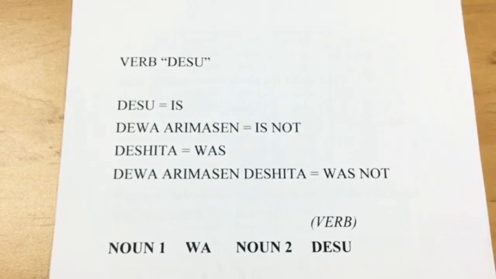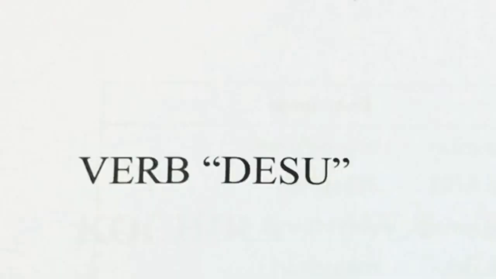In this lesson 1, we will teach you how to form a sentence. But before we can form a sentence, we have to learn the verb first. In Japanese, there are two kinds of verbs.